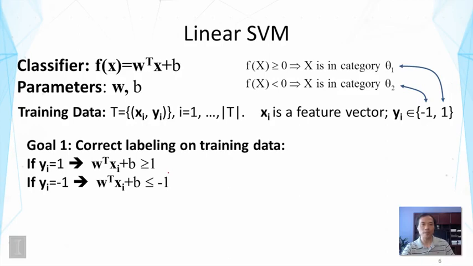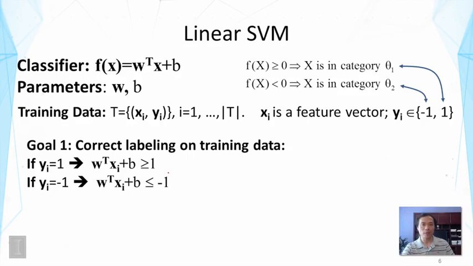That just means if yi, the known label for instance xi, is 1, we would like this classified value to be large. And here we just choose a threshold of 1. But if you use another threshold, you can easily absorb that constant into the parameter values b and w to make the right hand side just 1.